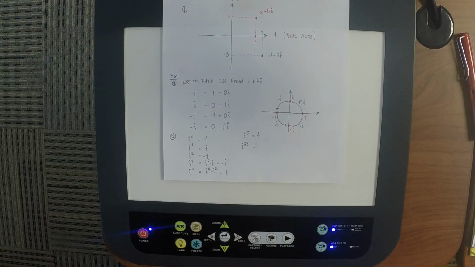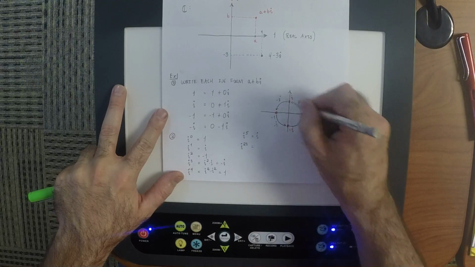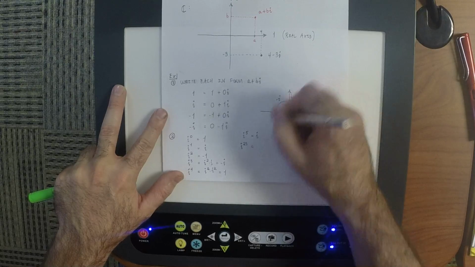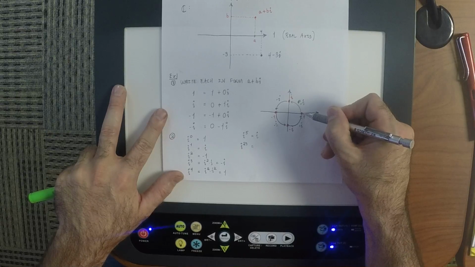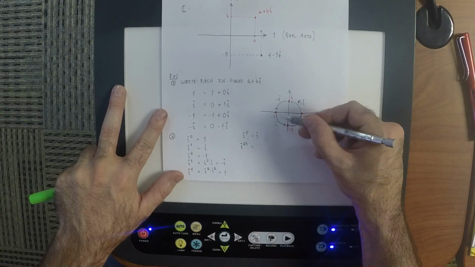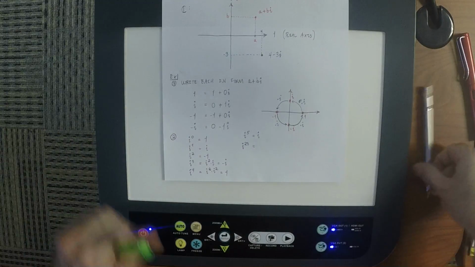You went around 5 times, and each one of those is the same as having done nothing. Once, twice, 3, 4, 5 times, and here this is i to exponent 20. How much further do we have to go? 3 more. So 1, 2, 3. So 23. So what's the answer? Negative i.